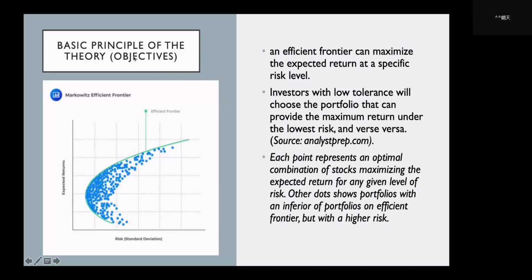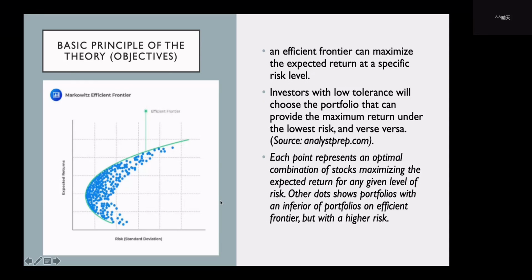So here's the basic principle of this theory. The efficient frontier maximizes the expected return at a specific risk level. The investor with low tolerance will choose the portfolio that can provide the maximum return under the lowest risk, and vice versa, investors with high tolerance will choose the portfolio that can provide the maximum return under the highest risk.